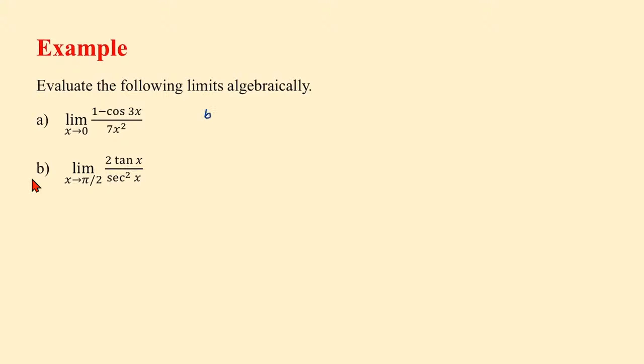So in B, our question is limit as x approaches pi over 2 of 2 tangent x over secant squared x. We'll try direct substitution. If we plug in pi over 2, the numerator will be 2 tangent pi over 2.